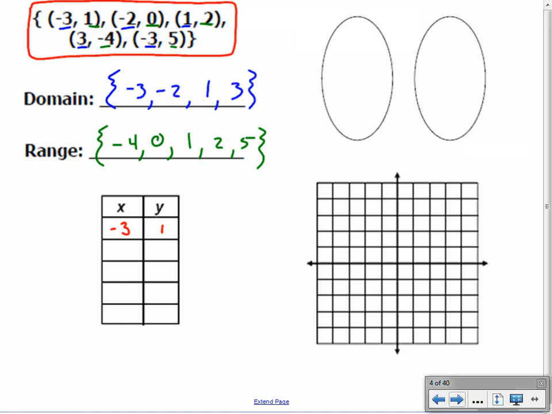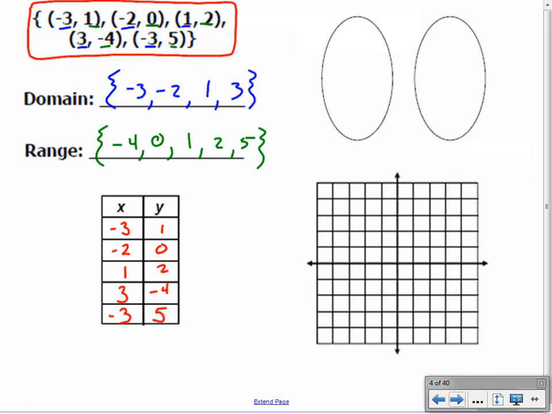So that represents that ordered pair -3, 1. I can do the same thing with -2, 0, 1, 2, 3, -4, and -3, 5. And if you wanted to order these from least to greatest, that would be fine. But that's just a different way of basically rearranging and organizing the same information.